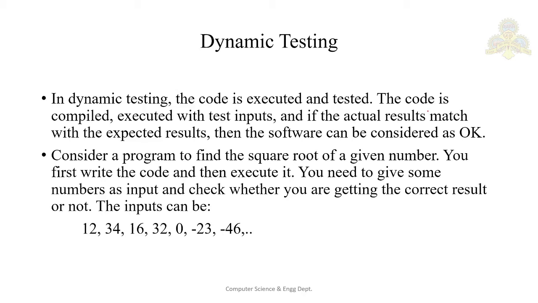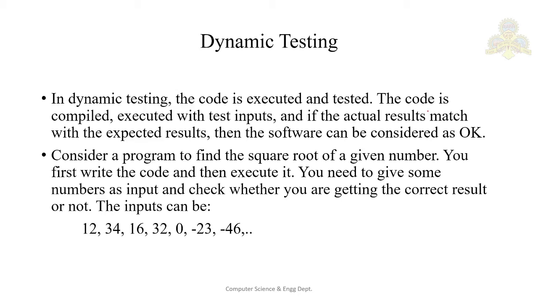Why wrong? Because say suppose you give a number like 12345678910, right? What will be the output in this case? If your program takes integers as input and the system allocates, say, only 2 bytes to an integer, then the value I have just given is not acceptable, right?